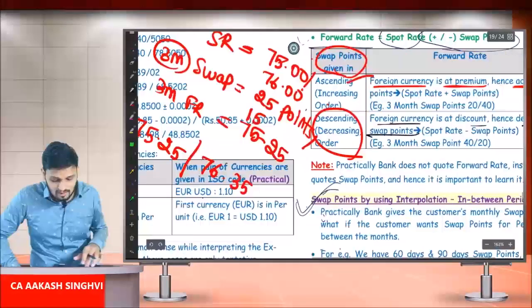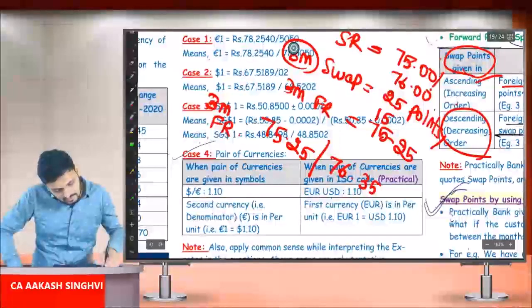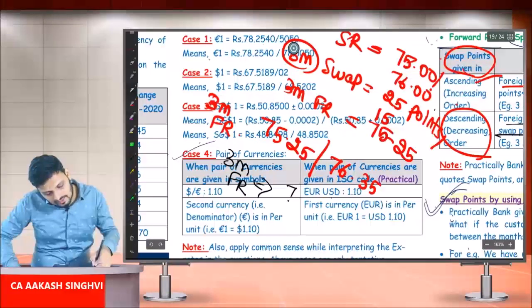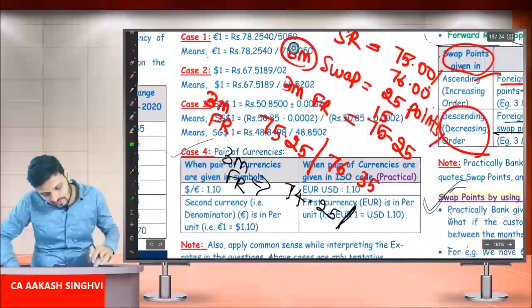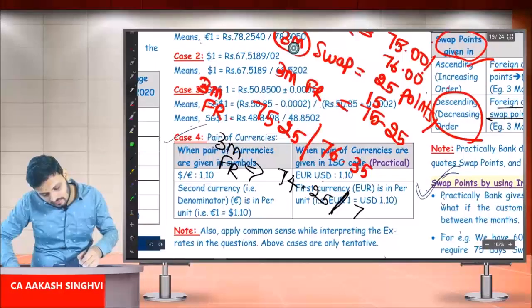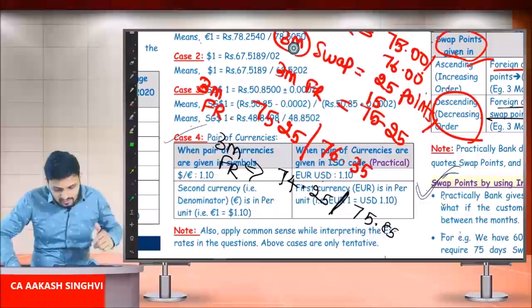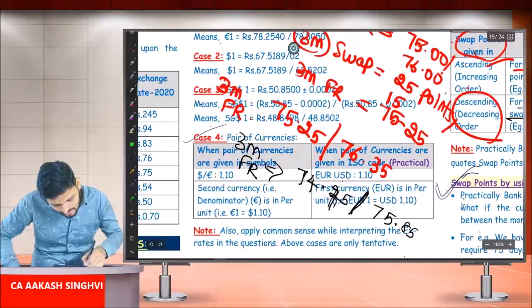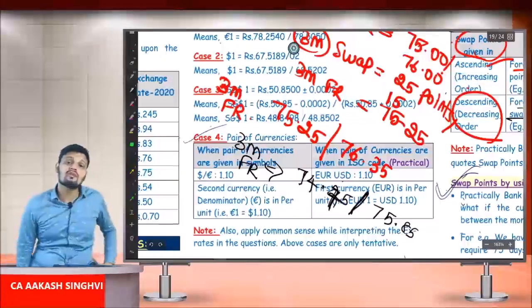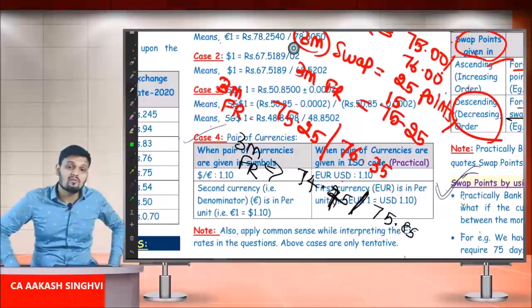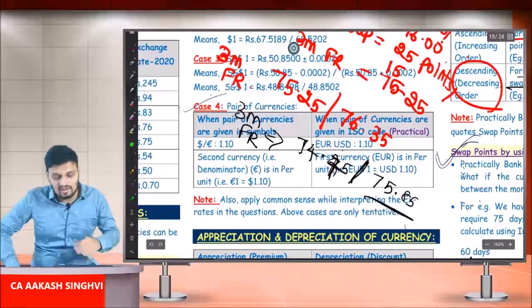For example, here the 3-month forward rate equals 74.75 slash 75.85. 75 minus 0.25 comes to 74.75, and 76 minus 0.15 comes to 75.85.